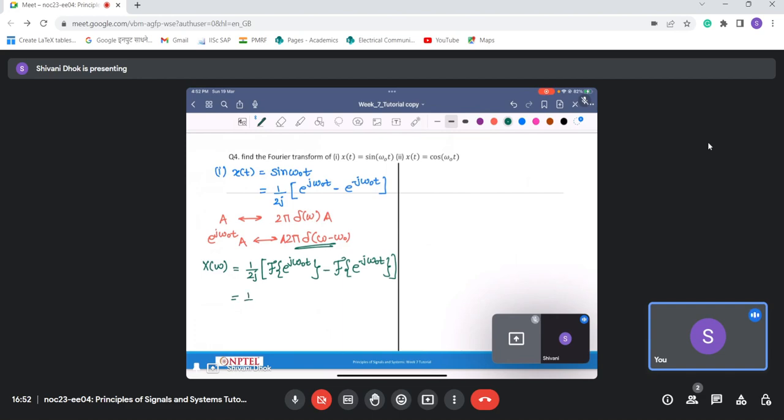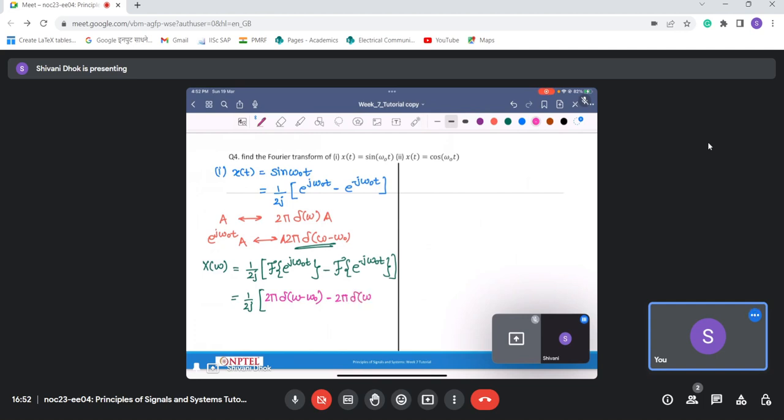So this is simply 1 upon 2j, inside the bracket, 2 pi delta omega minus omega naught minus 2 pi delta omega.